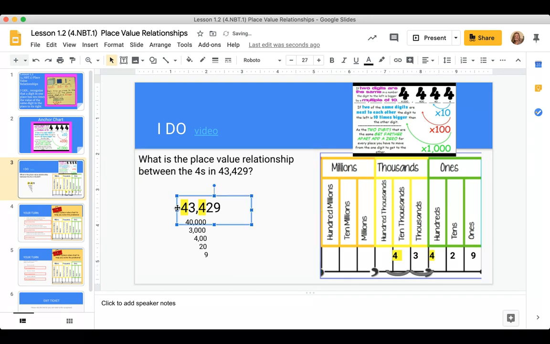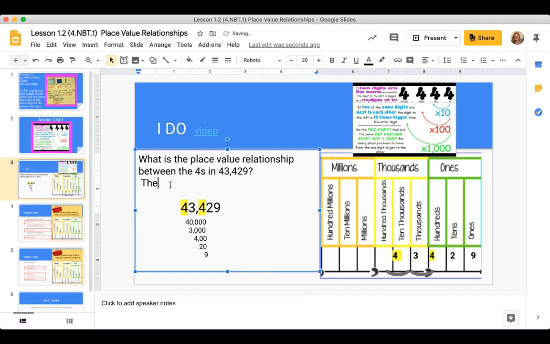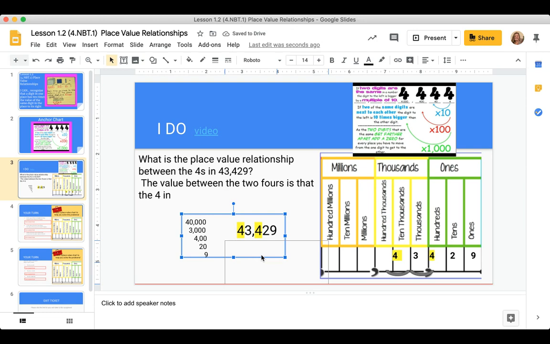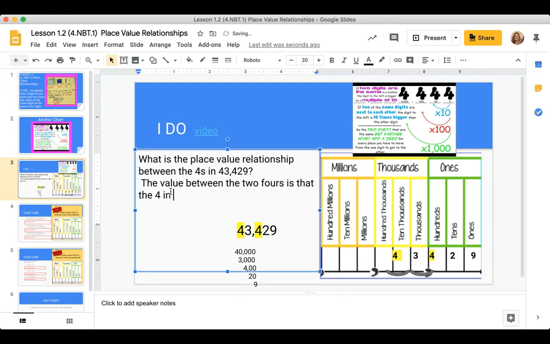So it is fair to say the value between the two fours is that the 4 in the 10,000s place is 100 times greater than the 4 in the hundreds place.